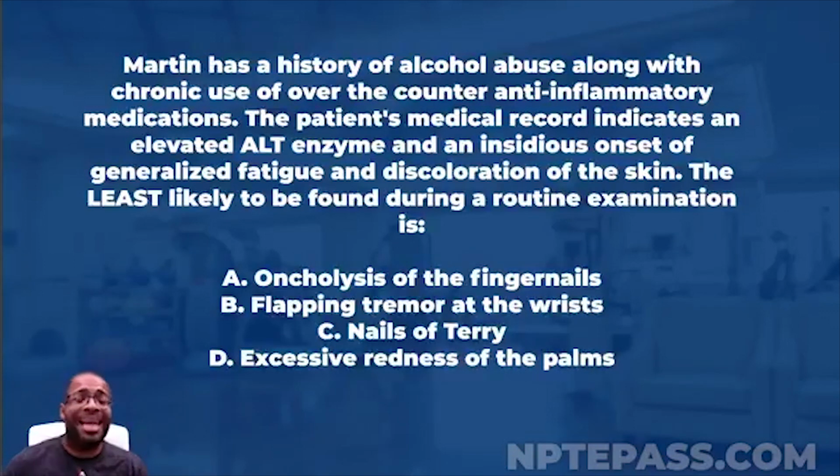The least likely to be found during a routine examination is, all right, so we have A, onycholysis of the fingernails, B, flapping tremor at the wrists, C, nails of Terry, and D is excessive redness of the palms. Oh, y'all want me to go back on A, right?